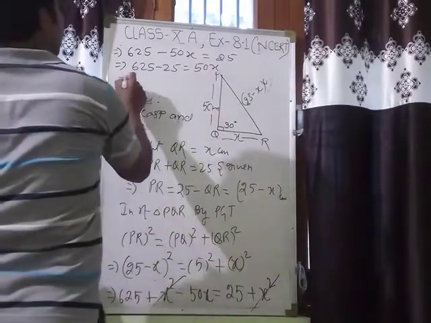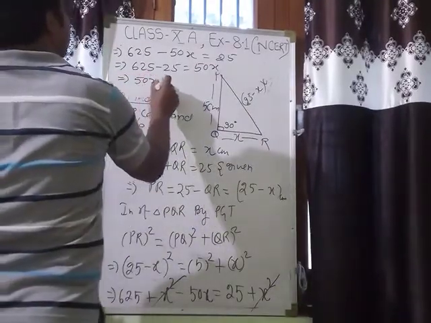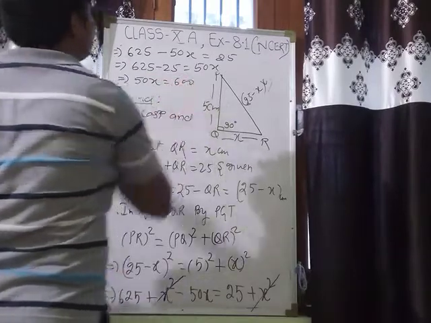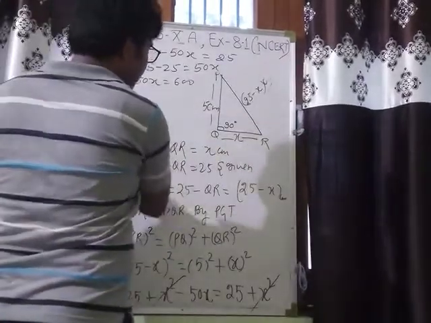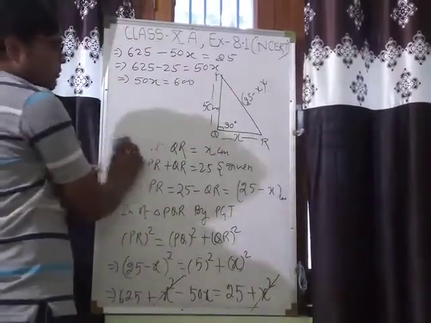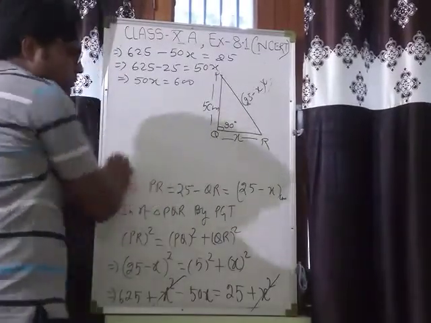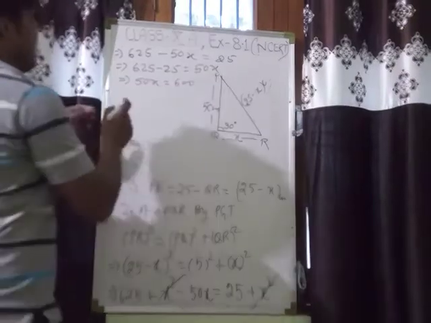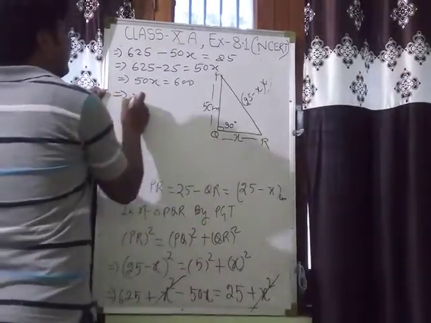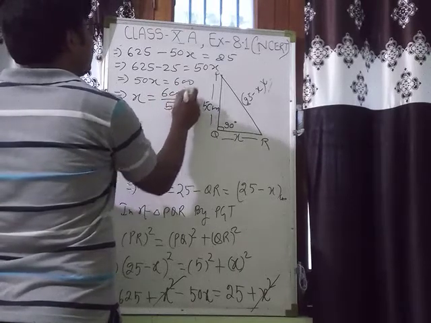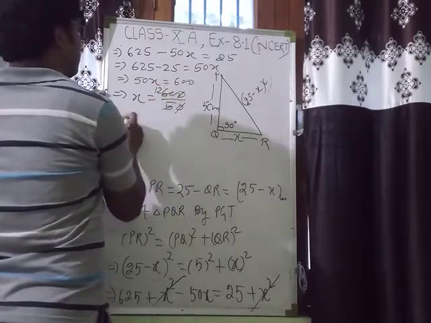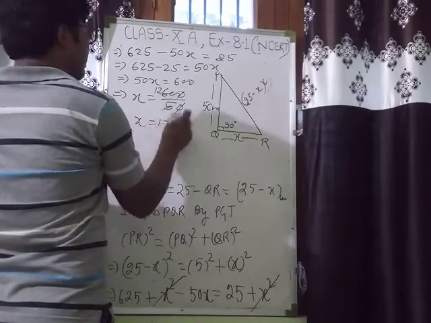So clearly from here we have 50x is equal to 600. Then from here x is equal to what? I am going to rub this, pause this video and note down every step. So x is equal to 600 divided by 50, that is 12. Okay, so x is 12.